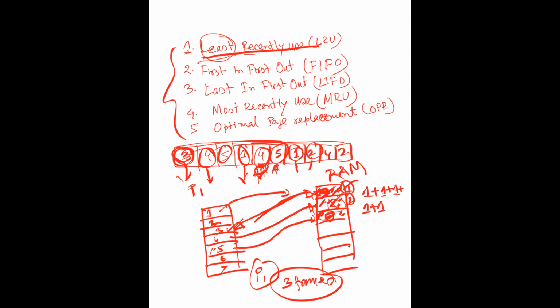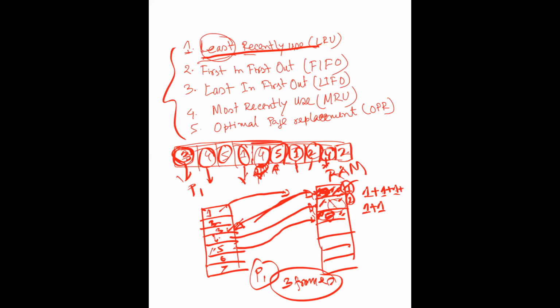So now again the CPU asks for data that resides inside page 4. But you see, page 4 is not currently available inside the RAM. So what it will do, it will replace one of these.